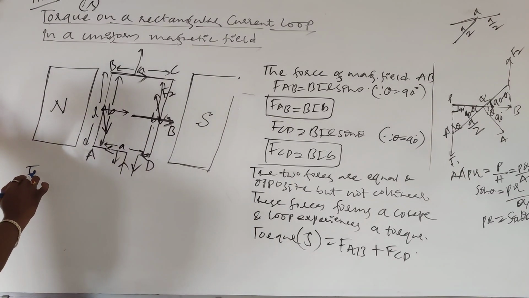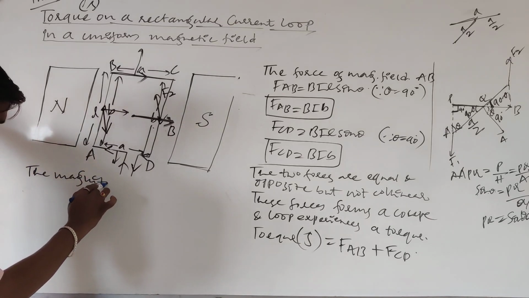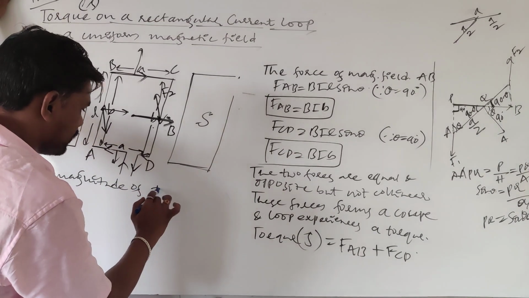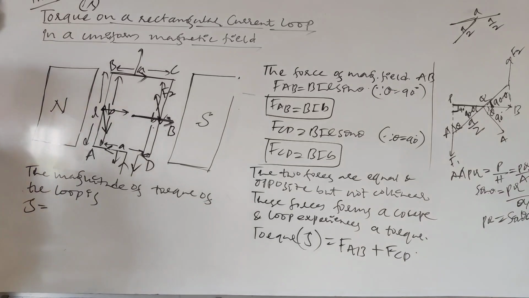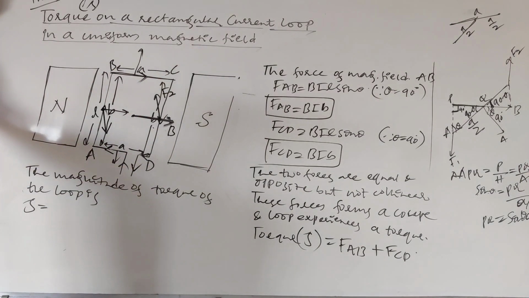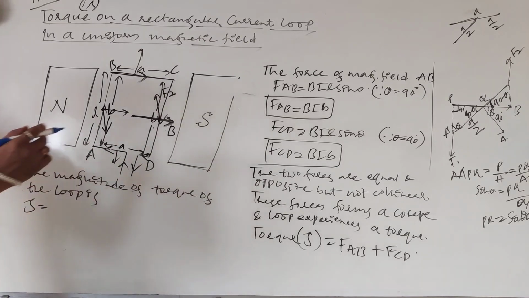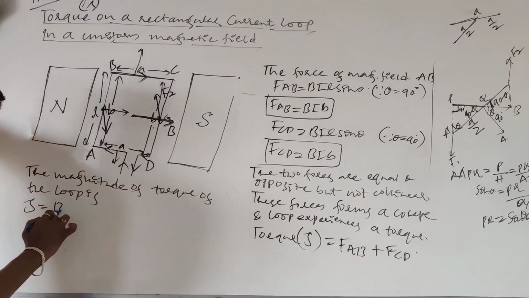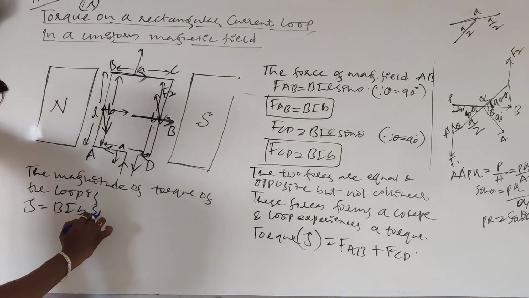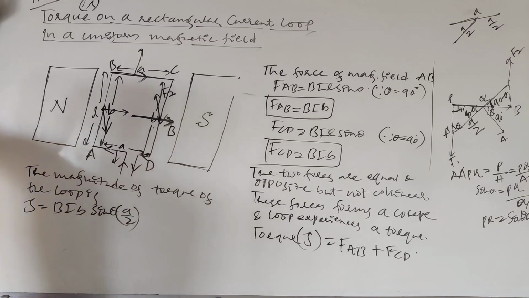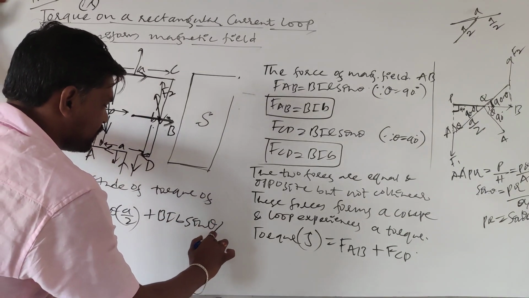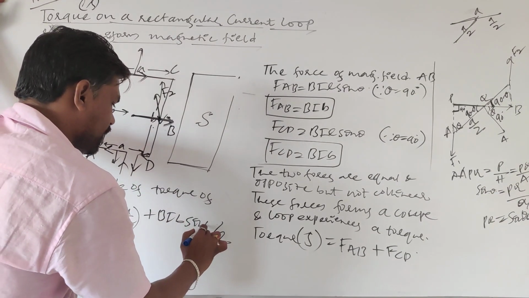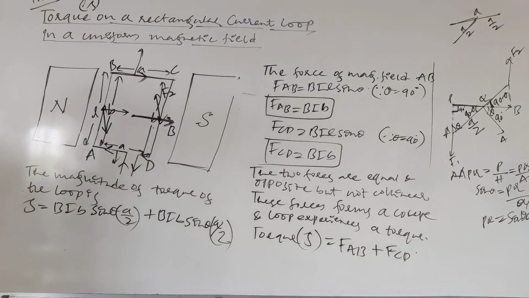The magnitude of torque of the loop is, so torque is equal to F_AB value, which is BIb times sin theta times A by 2, plus BIb sin theta times A by 2.